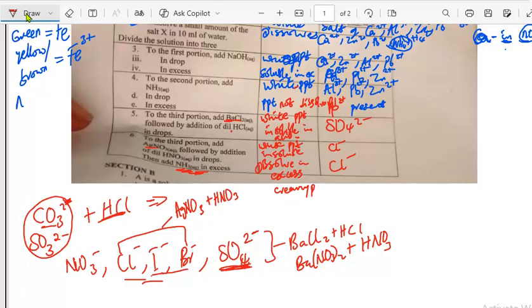The same result with aqueous ammonia, but a creamy white precipitate gives you bromide ion. If it dissolves in excess aqueous ammonia, it's still bromide. Then if your precipitate is yellow, if it is not white but yellow, you write yellow precipitate, you suspect iodide ion. The same result with aqueous ammonia.